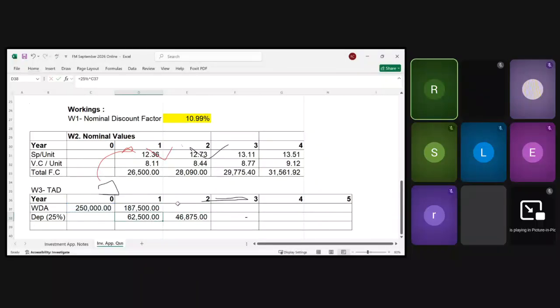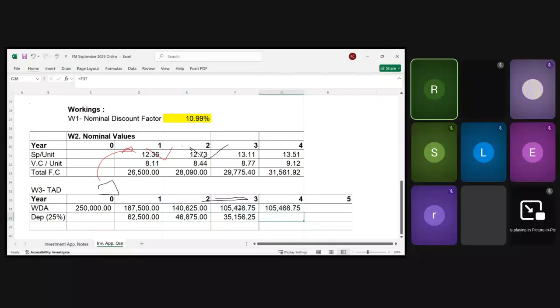And I go there, this minus that. Finally in year 3, this minus that. Now in year 4, since my project is ending in year 4, I'm going to take this value. I put in year 4.